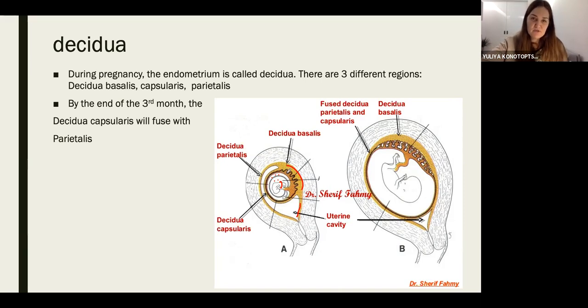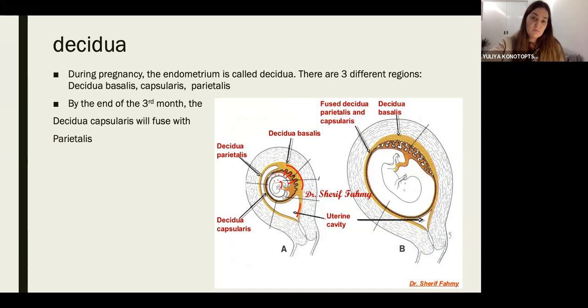And this part is the area where villi will be. Do you guys remember what are villi? That's the area where fetal blood vessels are located. Okay, fetal blood vessels are here. So this is known as the chorion frondosum. So here specifically, this is the chorion frondosum because here it possesses lots and lots of villi.